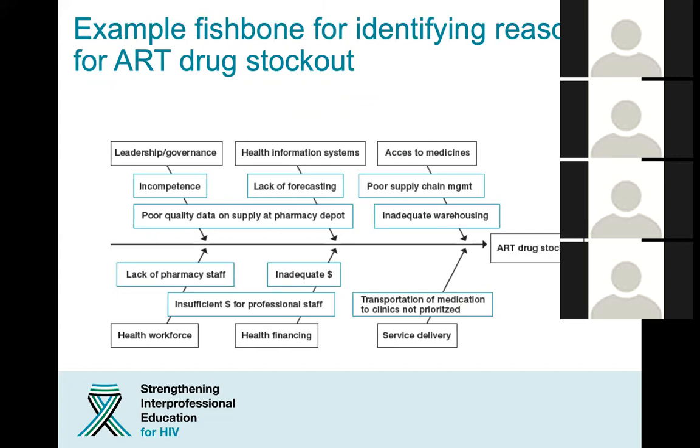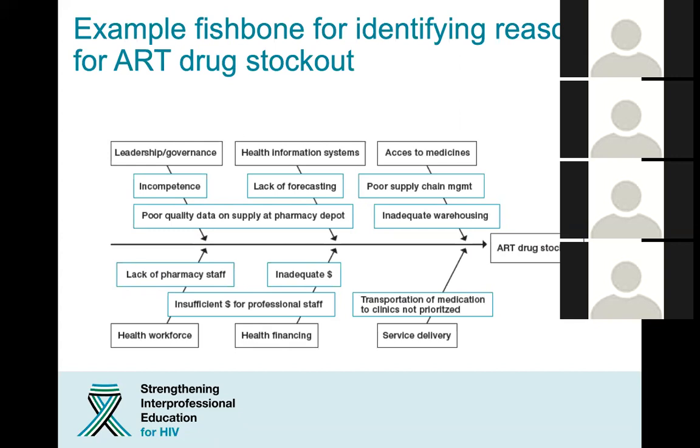The participants will then share their fishbone diagrams from the small groups with the whole group and identify the 3 most likely reasons why there could be a drug stock out in their specific clinical facility.